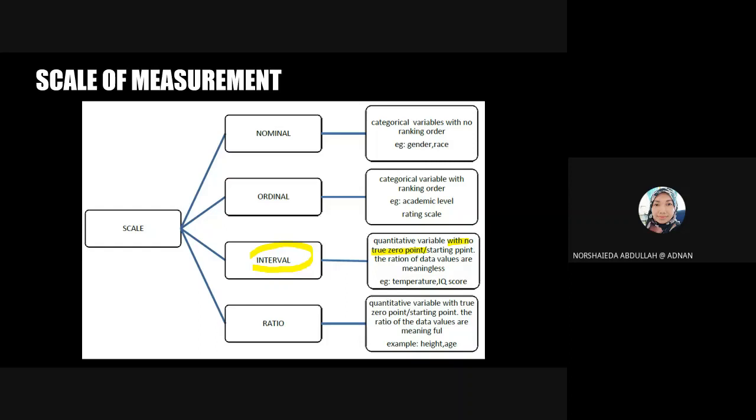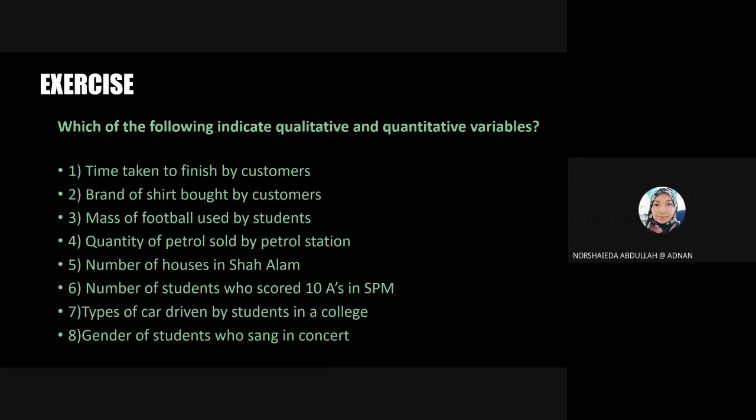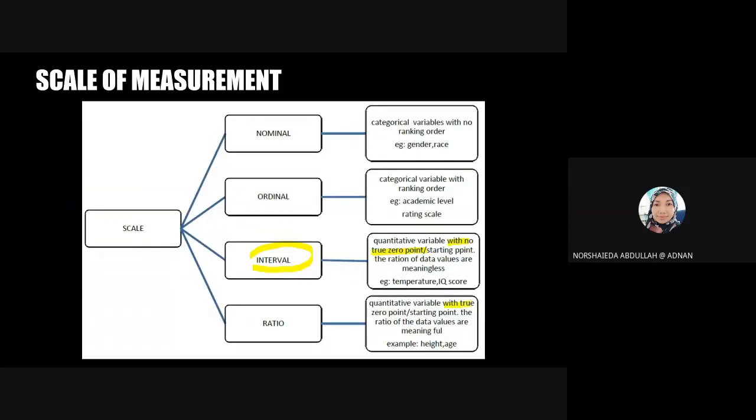Right? So untuk ratio, dia quantitative juga, but with true zero. Okay, with true zero maksudnya zero means zero. Zero means tak ada. Contoh height, age, okay, ataupun number of car, number of student, okay.